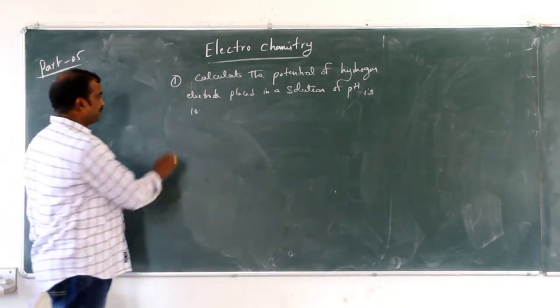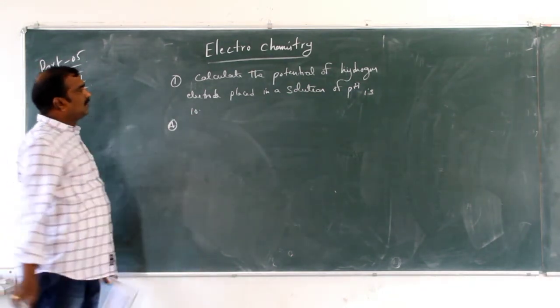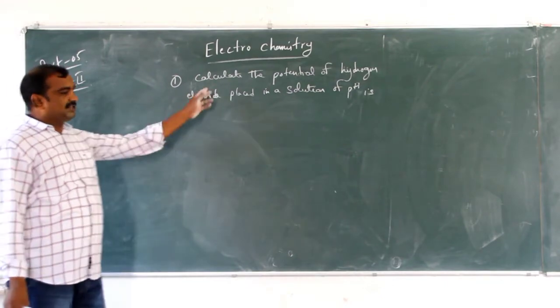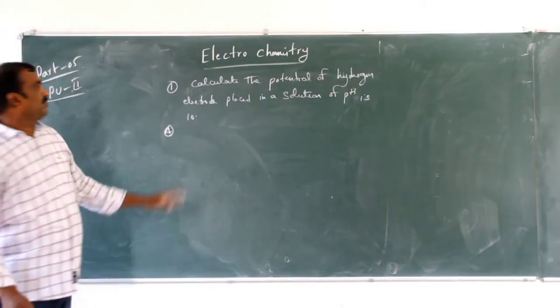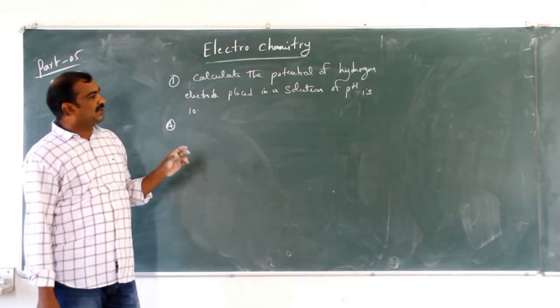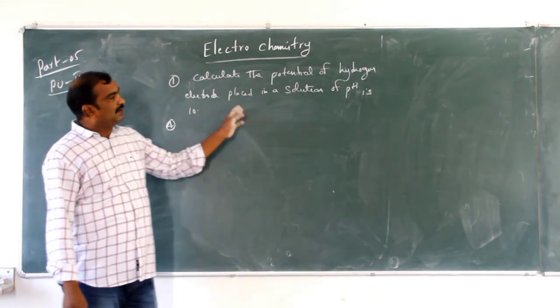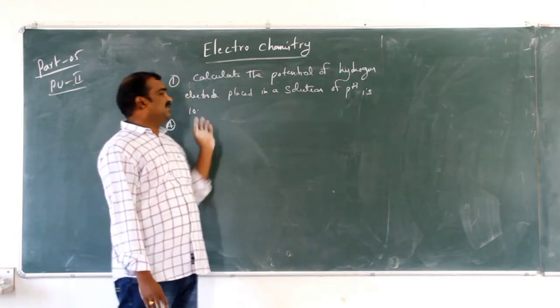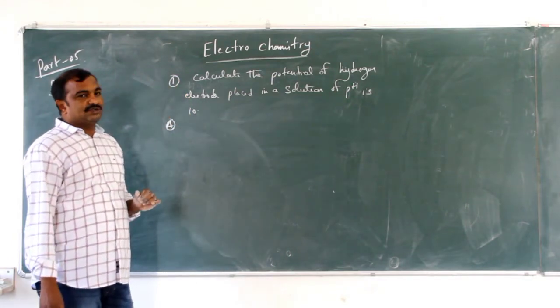Now look here. The problem is to calculate the potential of hydrogen electrode placed in a solution of pH 10. So how can you do this?